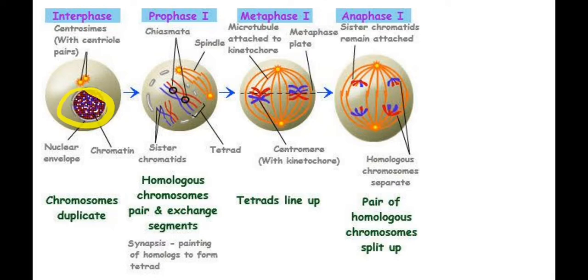We say chromatin is a fiber, a chromatid is a V-shaped chromosome, and a tetrad is a combination of two X-shaped chromosomes.